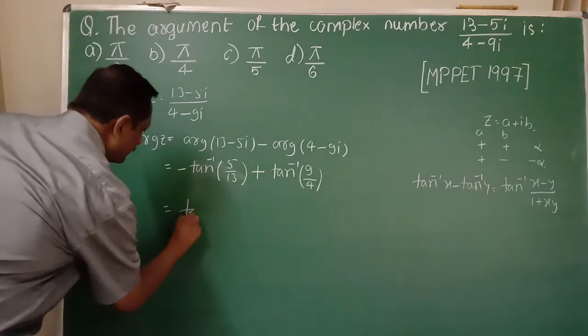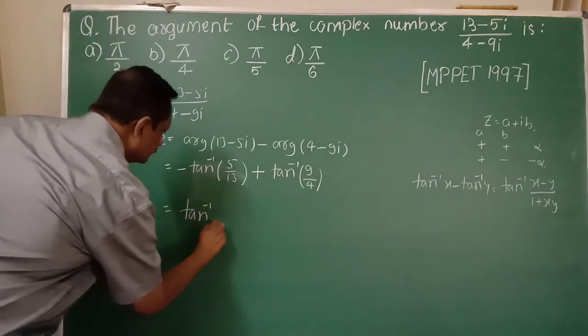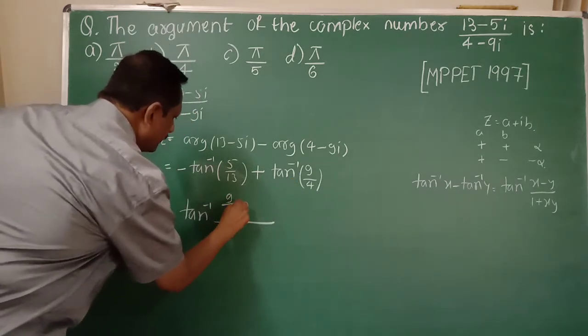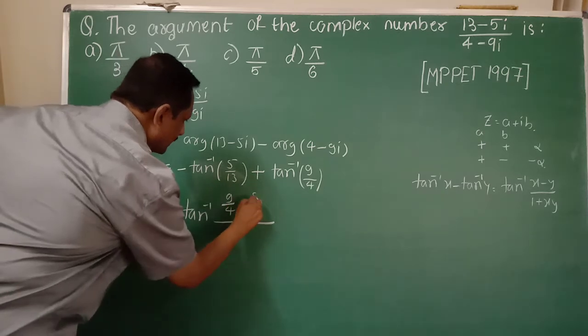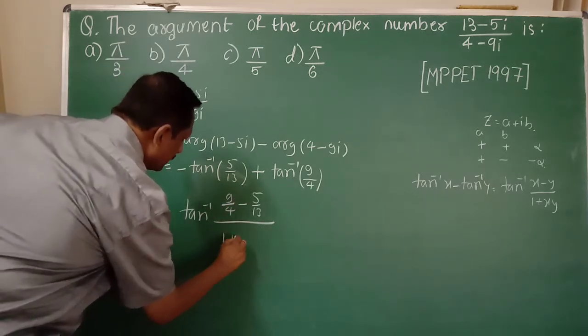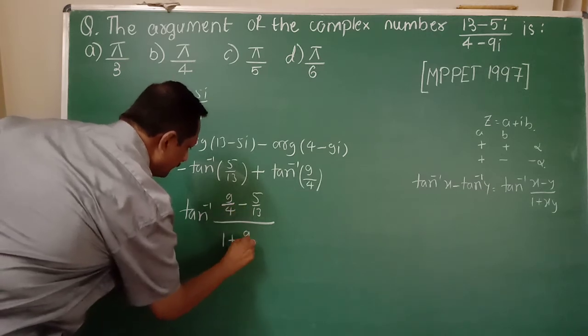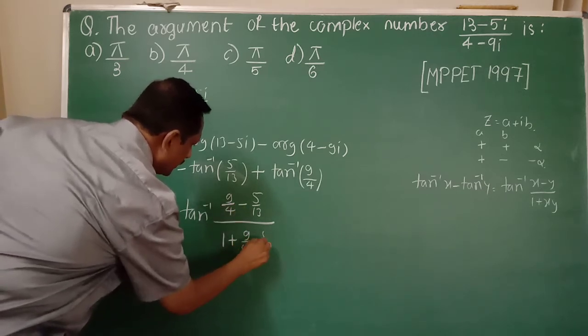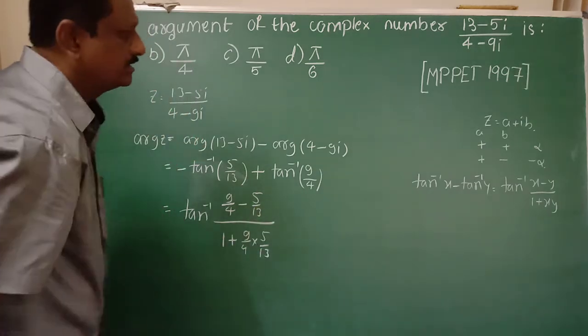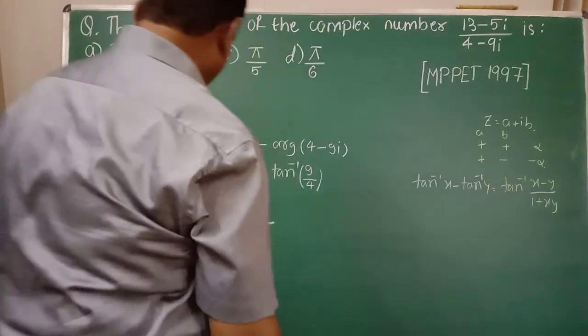So tan inverse of 9 upon 4 minus 5 by 13, divided by 1 plus 9 upon 4 into 5 divided by 13. Okay, you are using this formula here.